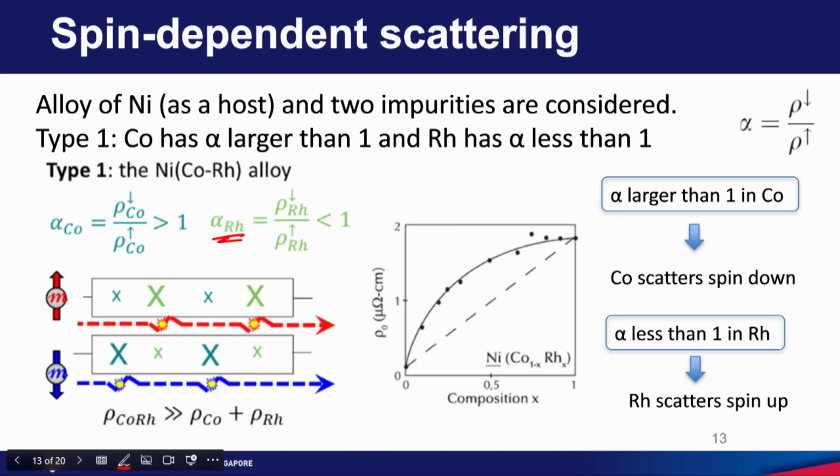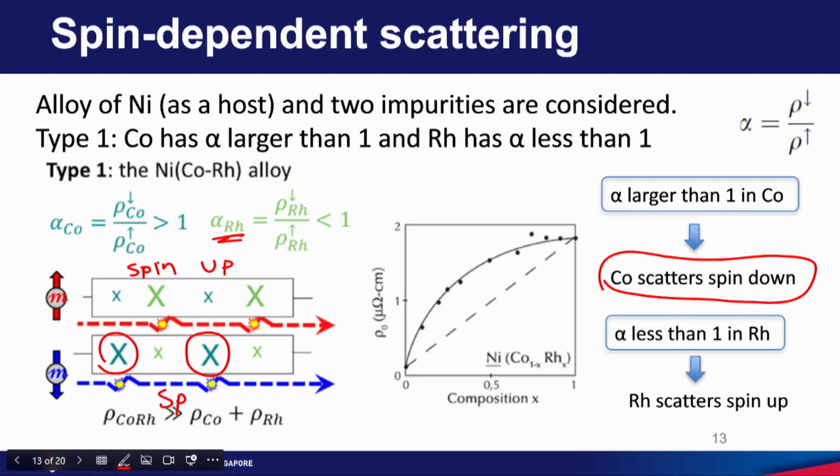So cobalt scatters spin down electrons. This basically shows the spin down electrons going in this channel. The top one is the spin up channel, the bottom one is the spin down channel. So in the spin down channel, cobalt scatters the spin down electron, which we already established.